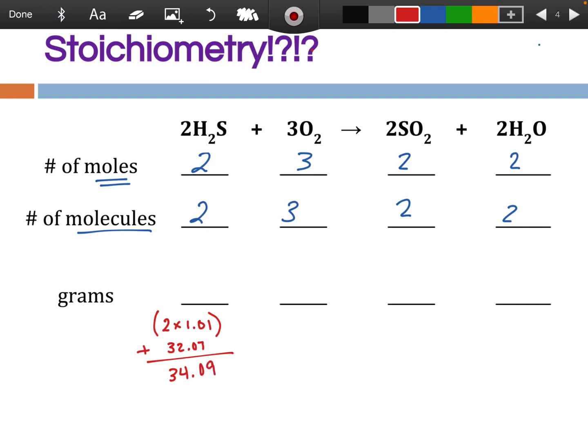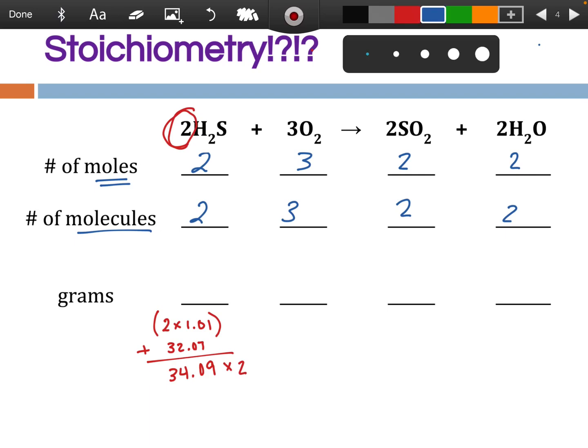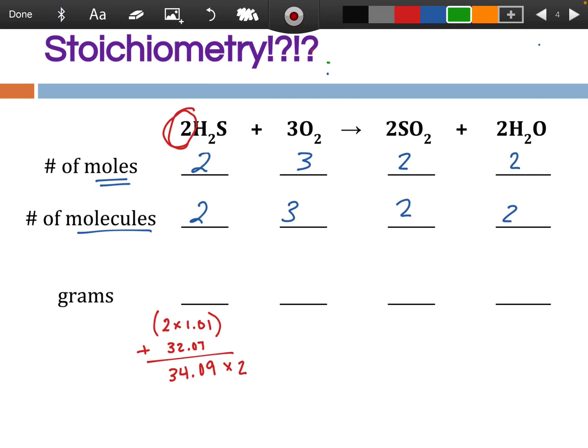So that would be how many grams are in 1 mole of H2S. The balanced equation tells us that we have 2 moles, so we would take this value times 2, and you would end up with 68.18 grams, which would be equal to 2 moles of H2S.